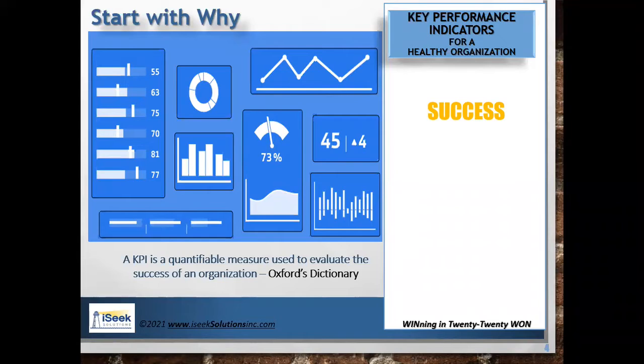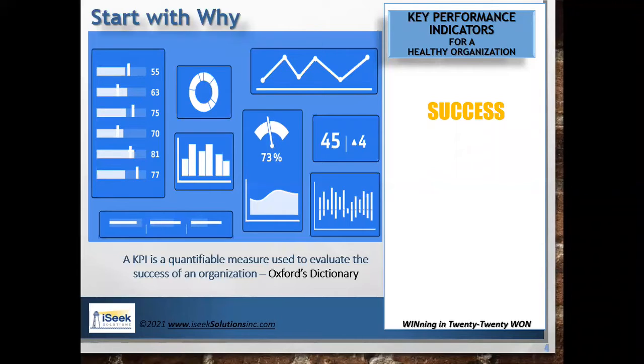A few weeks ago, in our first session, we looked at strategic planning and development and how it's extremely important for your organization to have a strategic plan. Along with the strategic plan comes your mission and your vision, and you should also be setting up goals and objectives that are measurable.